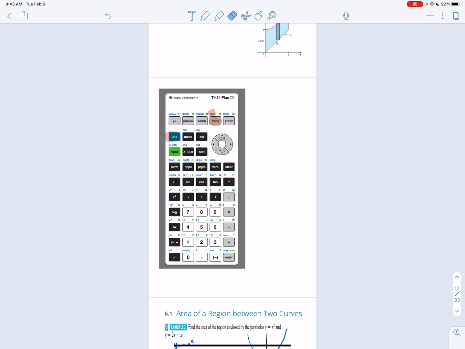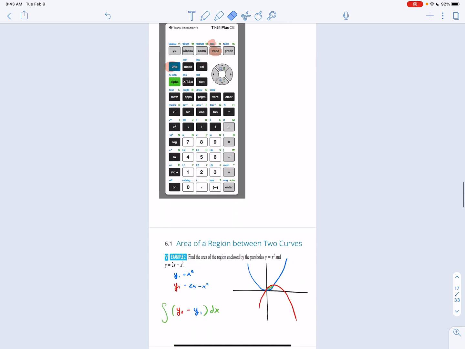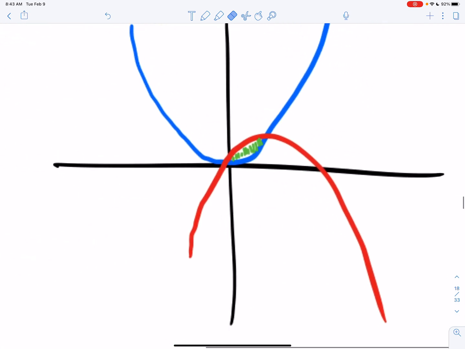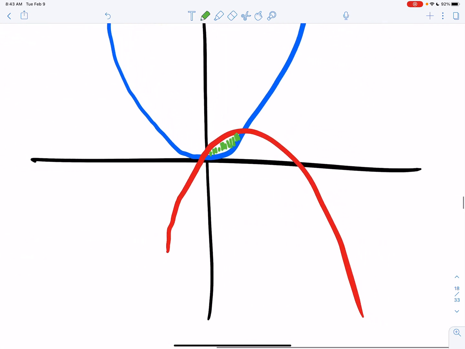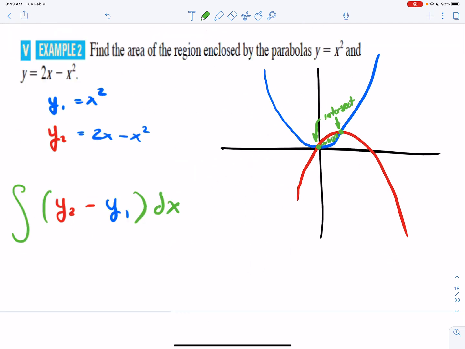Now, instead of finding a zero, what we're going to do, I'm just going to go back to the graph real quick. We need to find out where that region starts and stops. That region starts and stops right where they intersect. Okay? So the calculator is really cool because it can help you find out where they intersect.